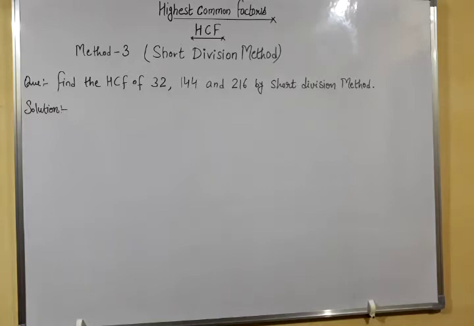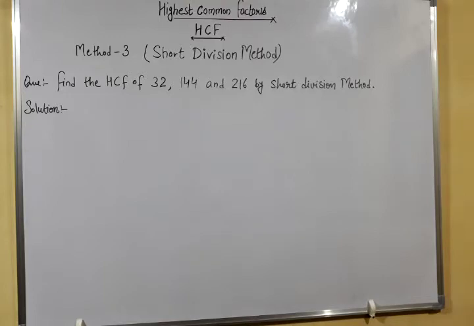Through this channel, we are studying mathematics here, and our today's topic is to find the highest common factor by short division method. In our previous videos, we studied how we can find the highest common factor by prime factorization method and by listing factors.